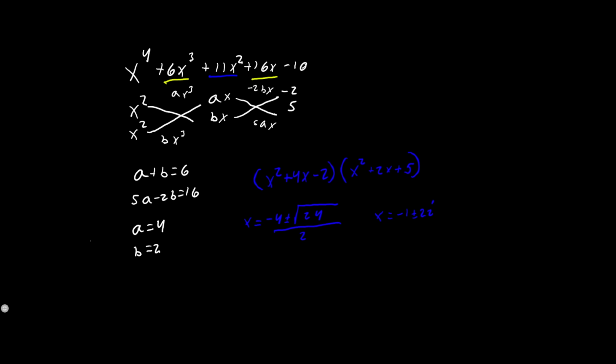So those are our two solutions for our quartic, and we have our solutions, and it was factorable into two different quadratic factors. So we're just going to look at one more example.